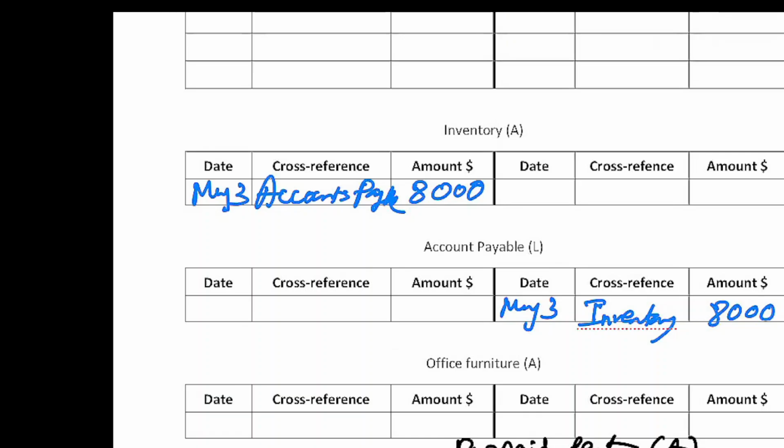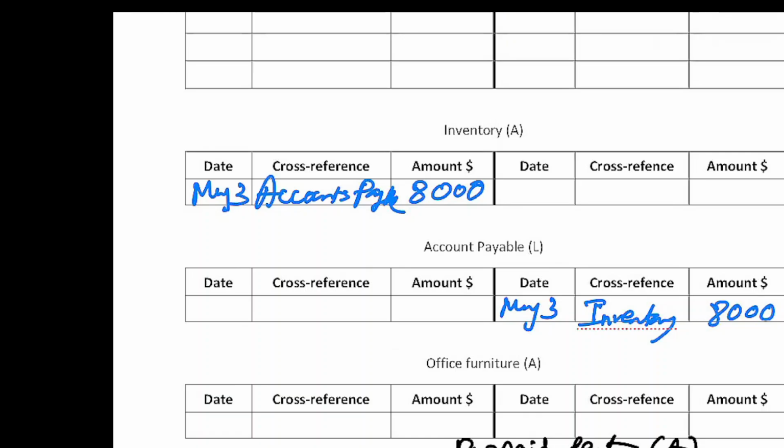The other mistake is this. Second one. Advertising expense increase. Debit. Bank decrease. Asset credit. Is it correct? Then.